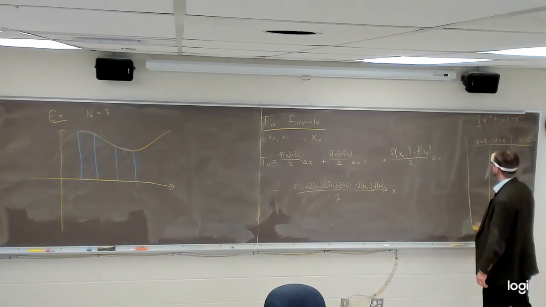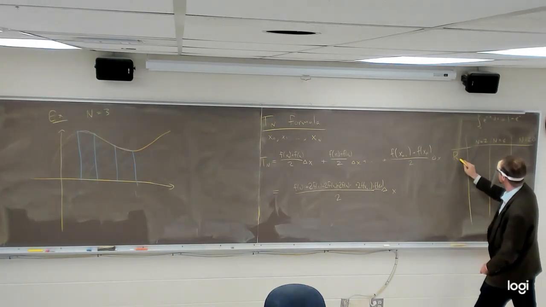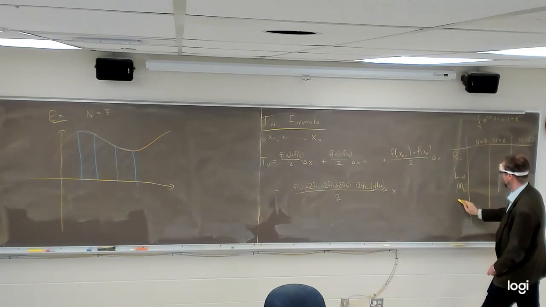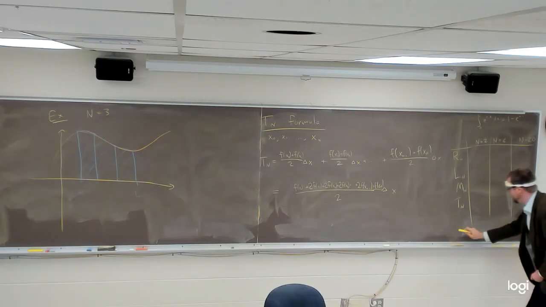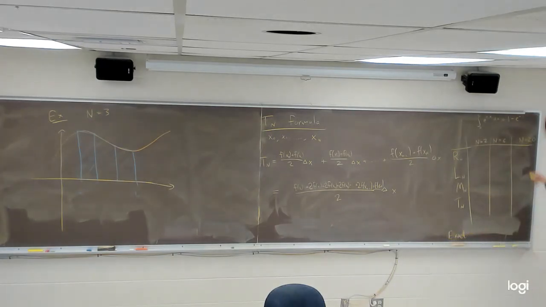So we already have right, left, midpoint, and now we're going to throw a trapezoid in the mix and see how they stack up. And then we also know the exact value, so we can compare everything to that.